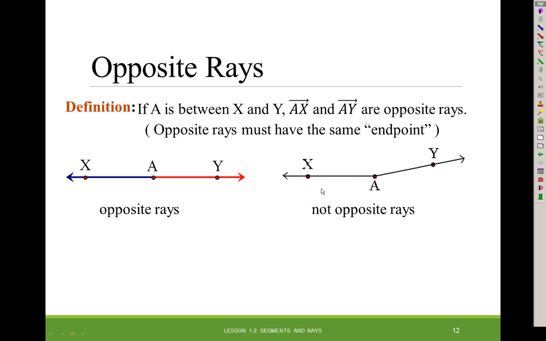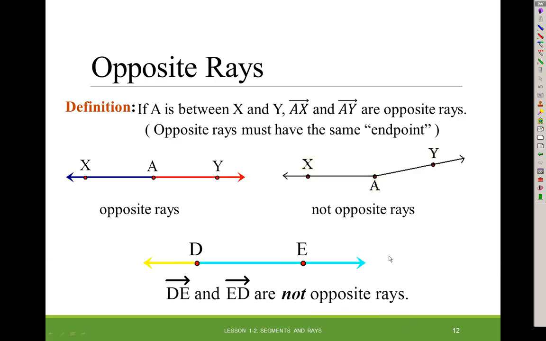These are not opposite rays because it bends. If they don't form a straight line, then they are not opposite rays. And if they overlap and don't have the same end point, then they're not opposite rays. Ray DE starts at D and goes right. Ray ED starts at E and goes left.